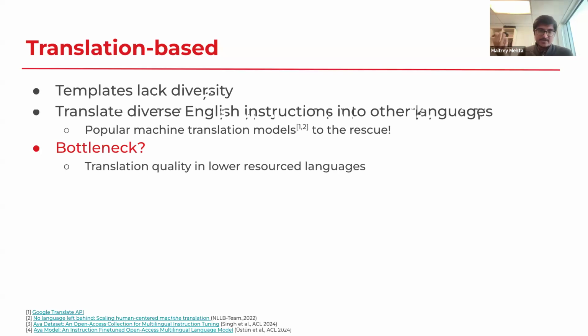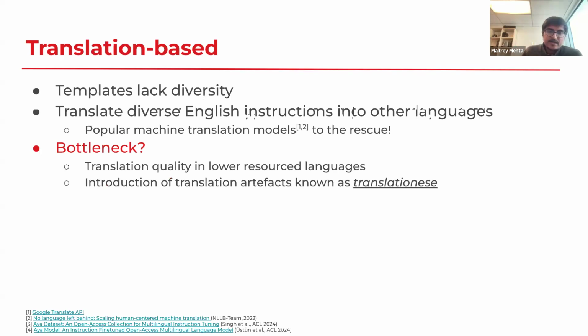But we have 2,000 languages for which we have data. So how do you translate for that? It is not always possible to do translation. For the ones that you actually can, there is another problem that we call translationese, and that is that when you use a translation system, it is again trained on some data, right?